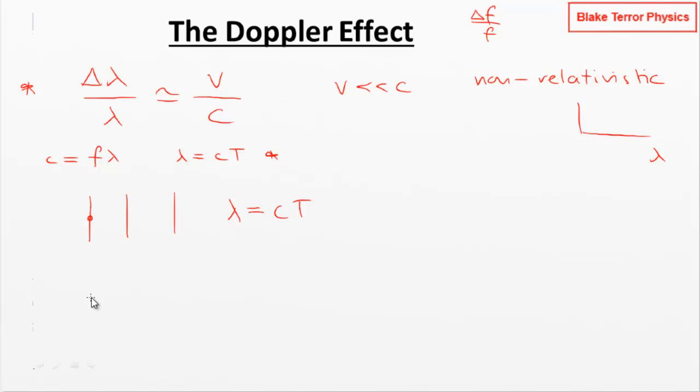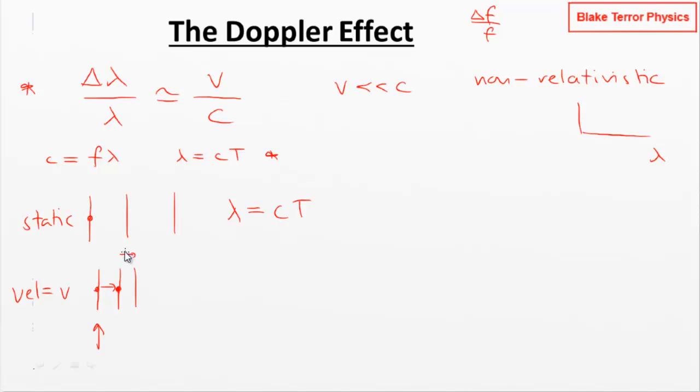So if we've got a moving source, so this is for static, if we've now got velocity v, we start off and we send out the first wavefront. So that's going to be this one, which has got to here. But rather than sending out the second wavefront when we're at the same location, the source has now moved. So it's moved over here when the second one comes out.